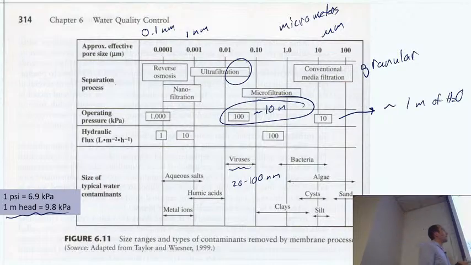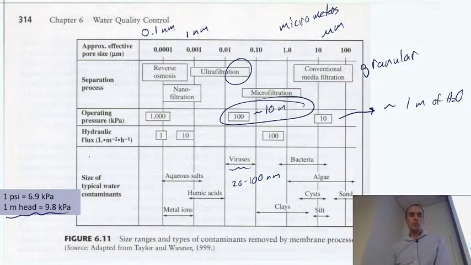So either way, what we see is that as the flux decreases down to 1 from up from like 100 at the microfiltration range, 100 times smaller with 100 times more pressure required. So it's kind of a square power type of a deal in terms of the amount of water we're getting per pressure, if we think of it that way.